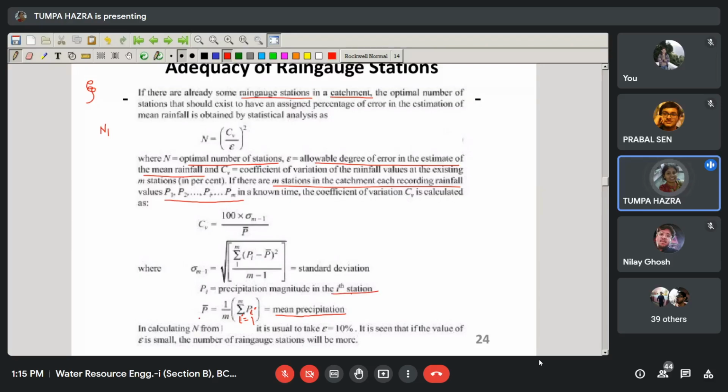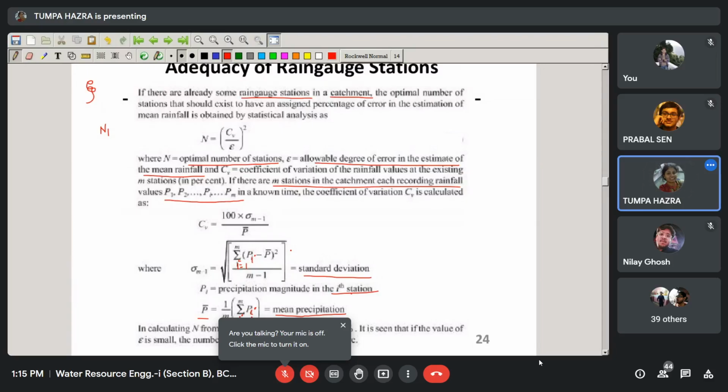Once you have calculated the average precipitation of the area, you can calculate the standard deviation, that is, root over of summation i equal to 1 to m of (Pi minus P bar) whole square by (m minus 1). M minus 1 is the degree of freedom for m number of stations.